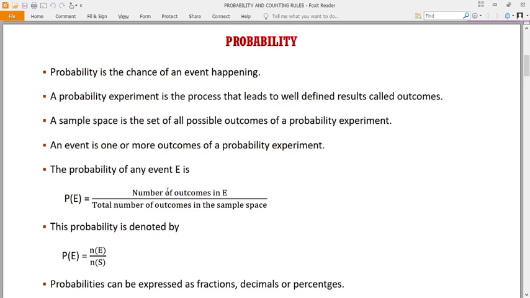So therefore my probability will be 1 over the sample space, which is 1 out of 6. And in case it is a coin, my probability of getting a head will be 1 over 2.